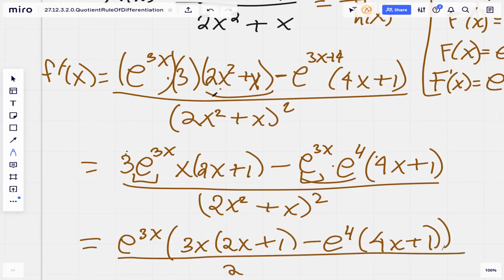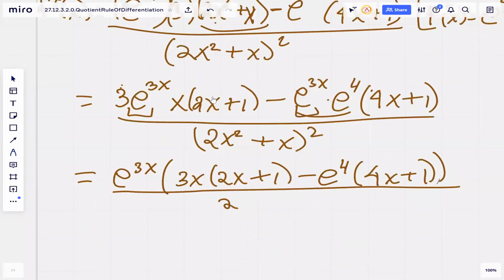Good, and our denominator stays the same. Good. Well, again, if you're not asked to simplify, I recommend you do not simplify.